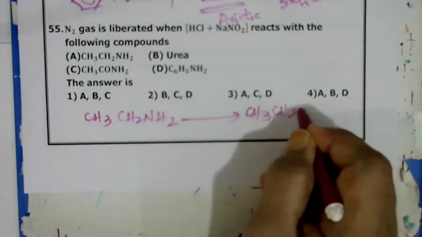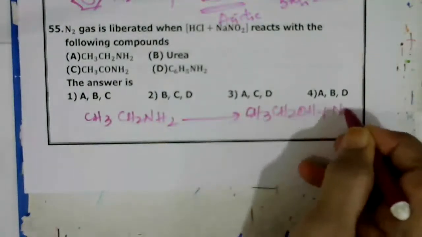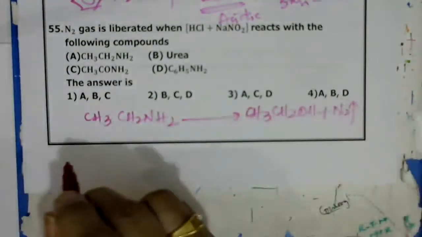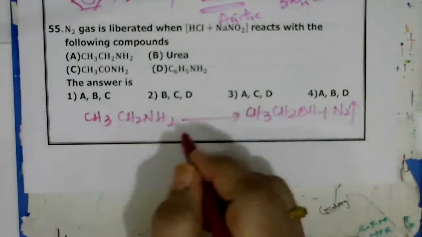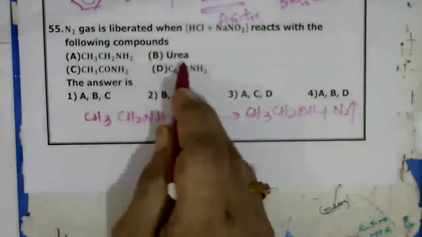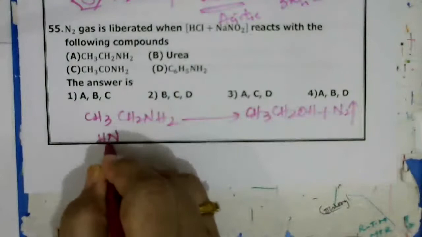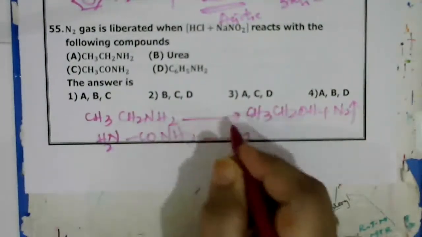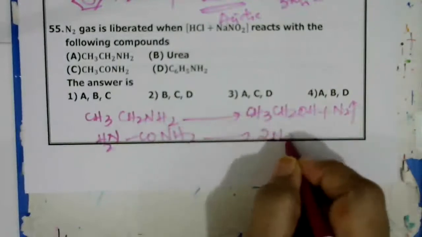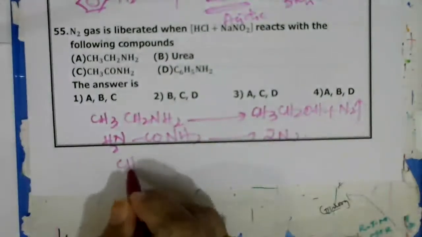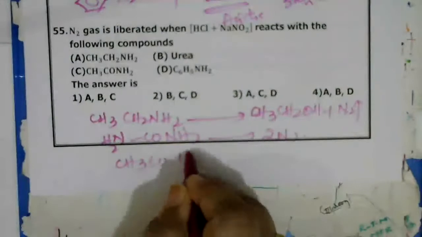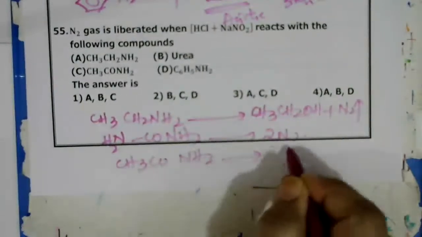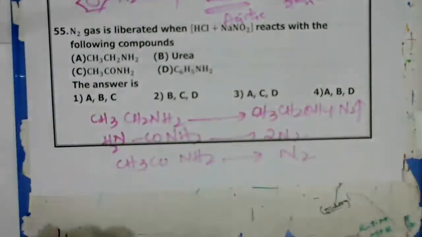That's why we'll get ethyl alcohol with the liberation of nitrogen gas. If I take the second molecule, urea, when treated with this one, again it will liberate nitrogen gas. Third molecule, acetamide. With NaNO2, it also liberates N2 gas.